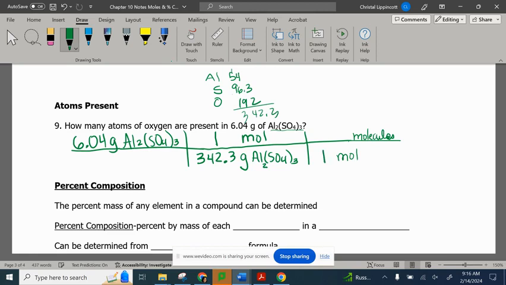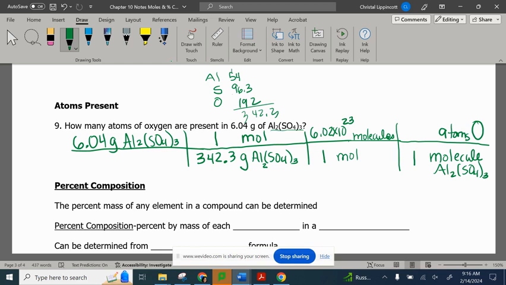So 1 mole. In 1 mole, I have 6.02 times 10 to the 23rd molecules. They didn't want to know molecules. They wanted to know atoms. So for every molecule of Al2(SO4)3, how many atoms of oxygen do I have?